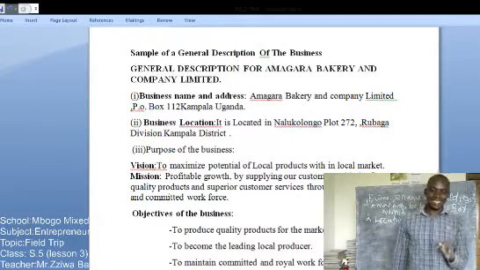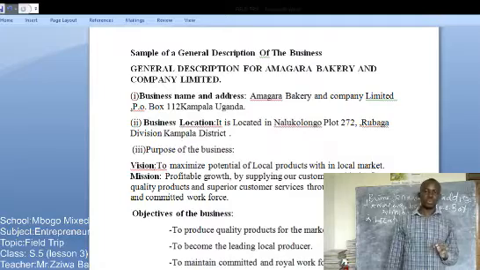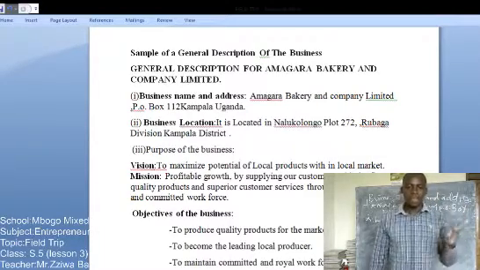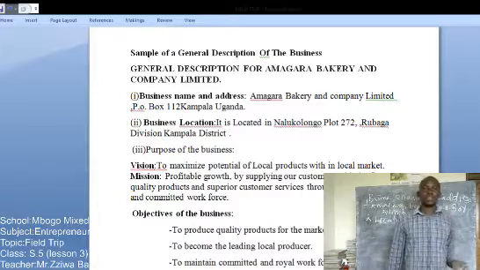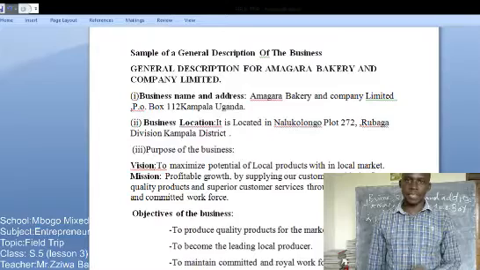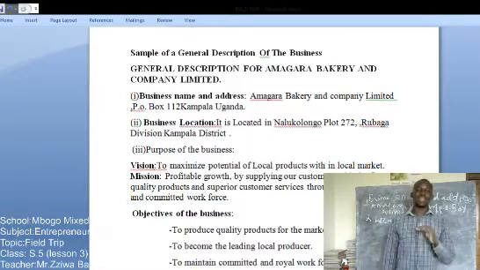In this case, we are emphasizing the district, probably the division. You can even put the plot number if it is urban based. That one is always important. So that is the location.